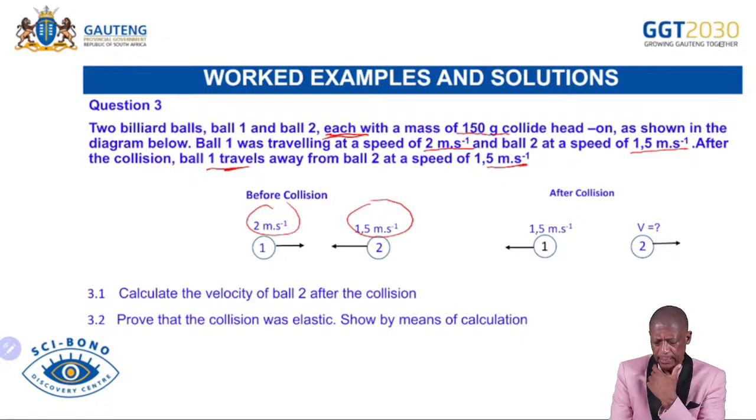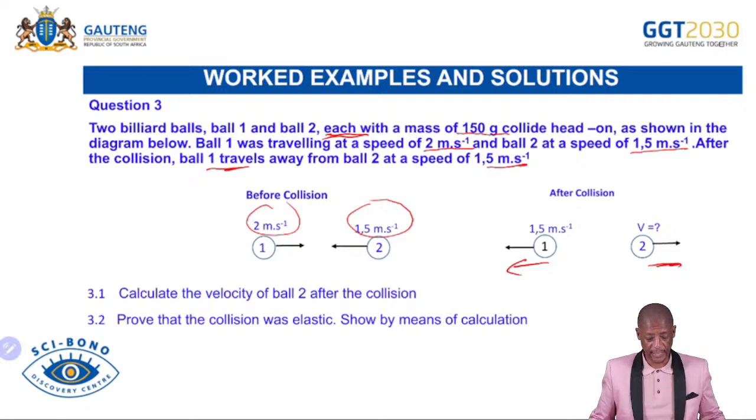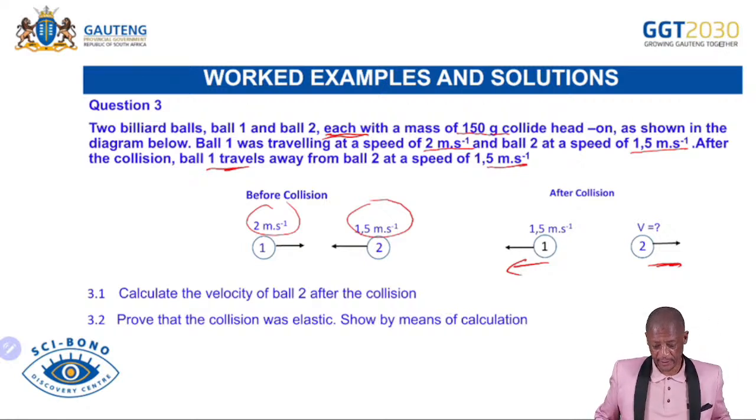Then they collide. After the collision, ball 1 moves away from ball 2 at a speed of 1.5 meters per second, and we want the velocity of ball 2.